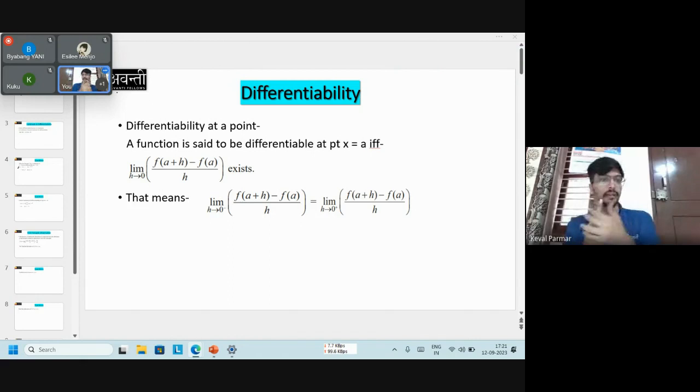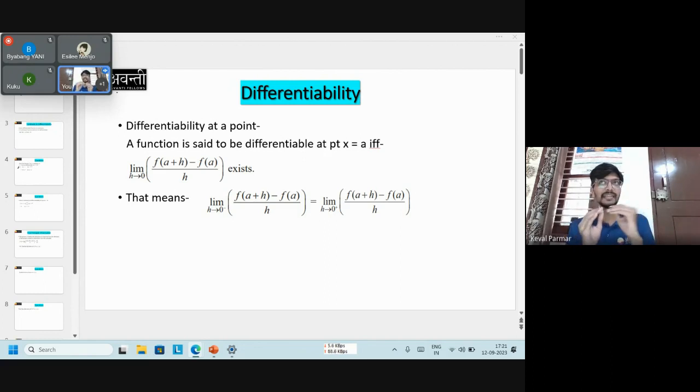Limit was to study the behavior of the function in the neighborhood of a point. Continuity helps us know whether the function is continuous or not, broken or not broken. Now, next is differentiability. What does differentiability help us with?